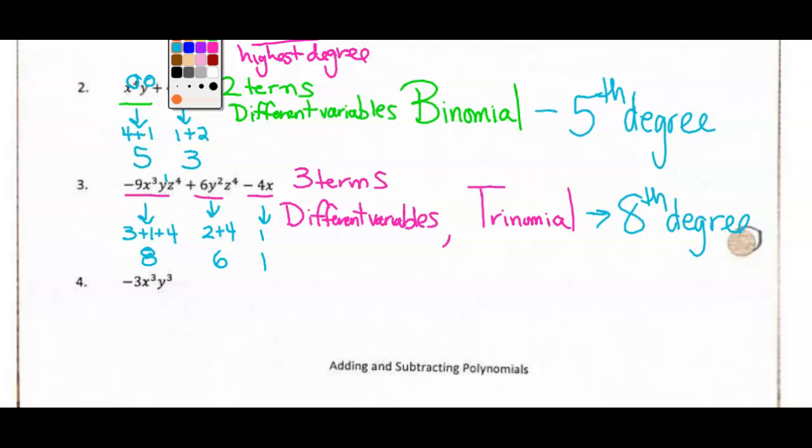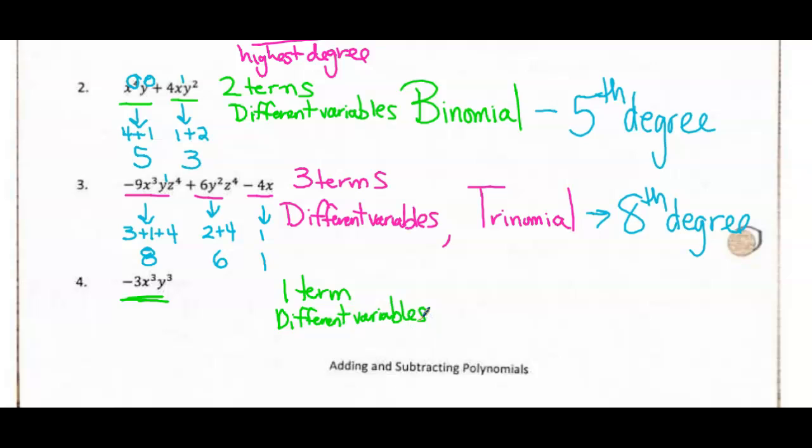So there's one last example here before we change up pace. Number 4 has 1 term. Number 4 has different variables. If it only has 1 term, this is called a monomial.